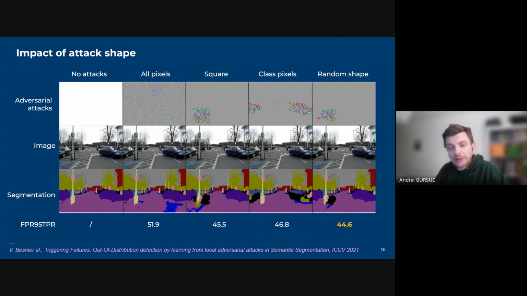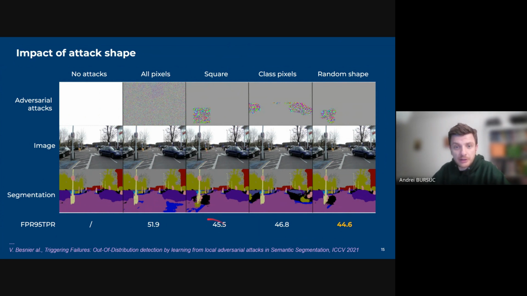We looked at different ways of applying the attack to figure out what works best and why. We initially looked at applying the attack randomly on all pixels, and we see here the performance in terms of FPR at 95 TPR. We applied a square patches attack, so we just take a random square and use it as a mask for applying the adversarial attack.